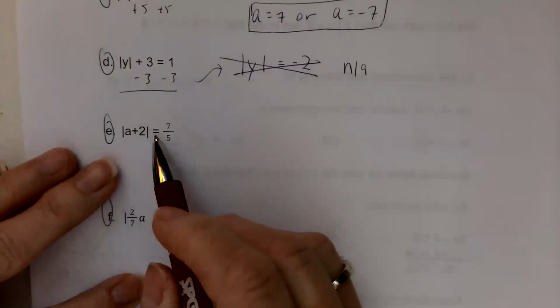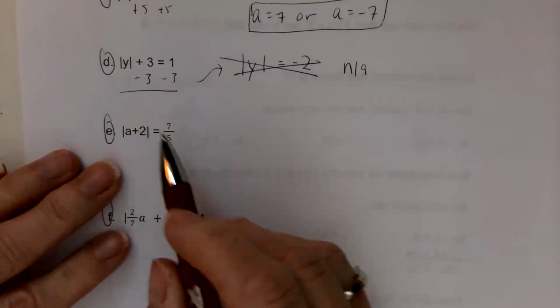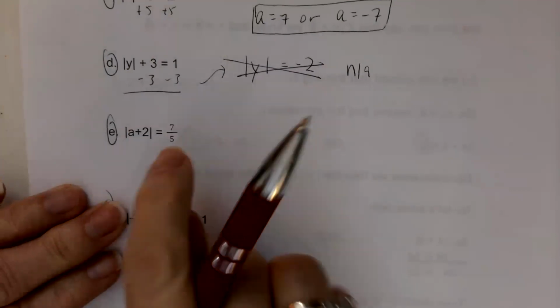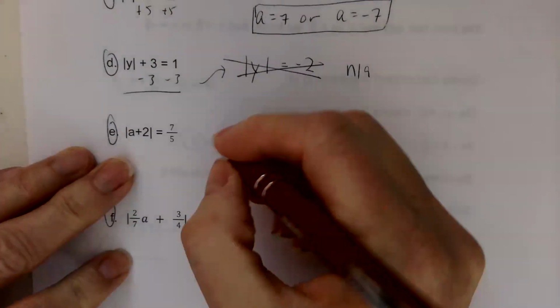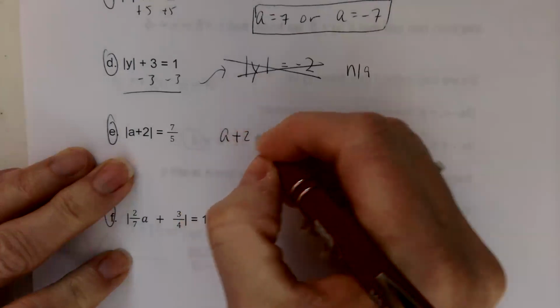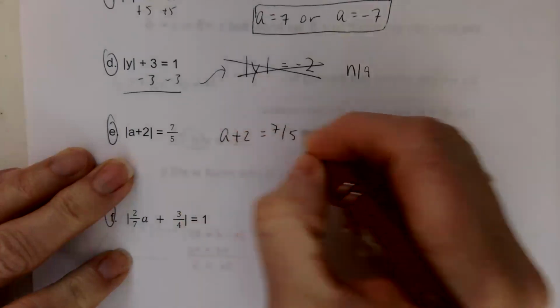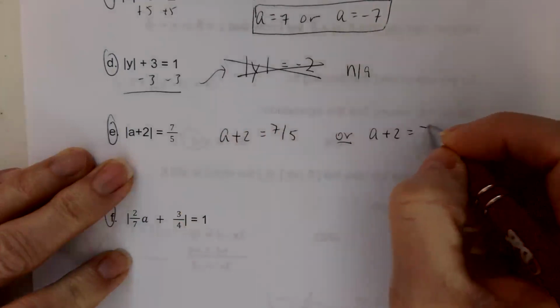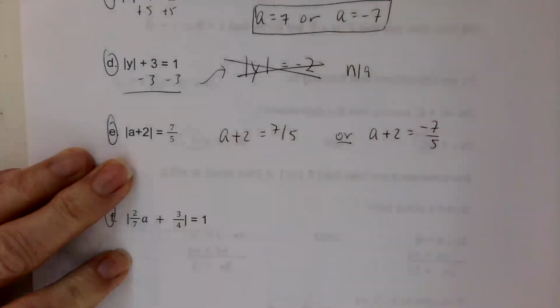Let's look at E. The absolute value of A plus 2 equals 7/5. Okay, so our expression is now inside the absolute value, so we can't solve until we do our ORs. So we know that A plus 2 equals the positive 7/5 or A plus 2 equals the negative 7/5.